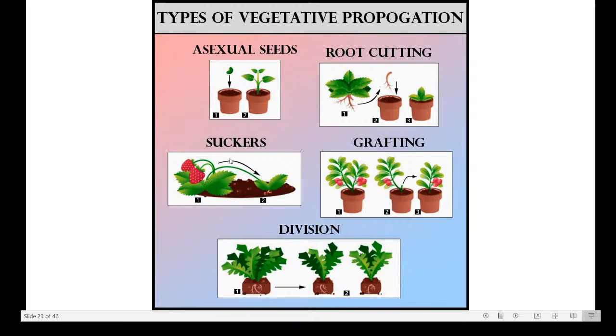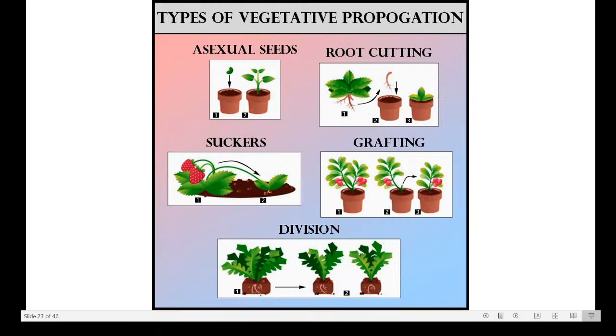Then sucker cutting, which is helpful for strawberry plants. The lower edge of the plant, that one particular leaf, can be propagated into multiple plants. And grafting is nothing but cutting one branch and placing it in another pot.